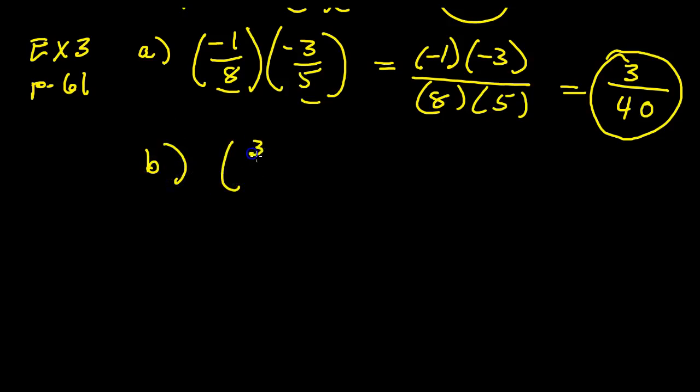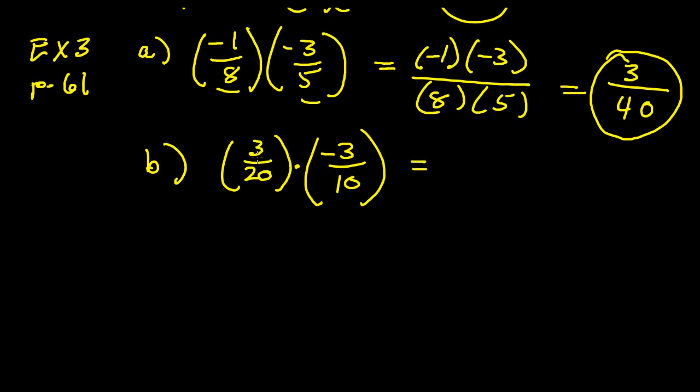Part B asks us to multiply and evaluate 3/20 times minus 3/10. Now if I look to cross cancel here, 3 and 10 have no common factors, and 20 and minus 3 have no common factors. So I'm just going to have to multiply across.